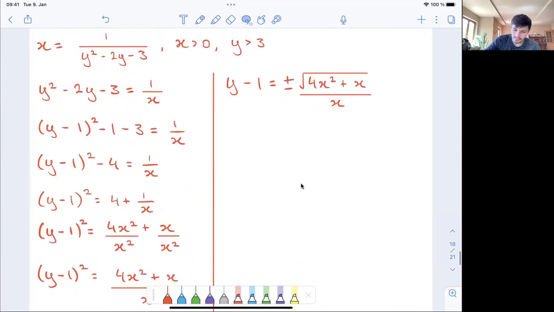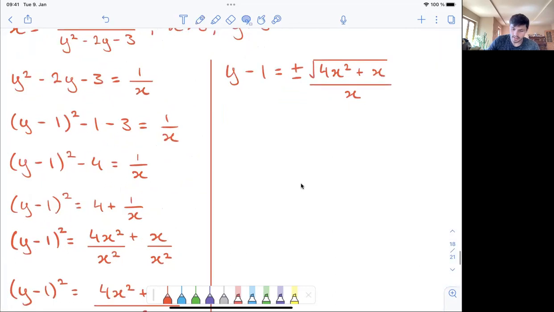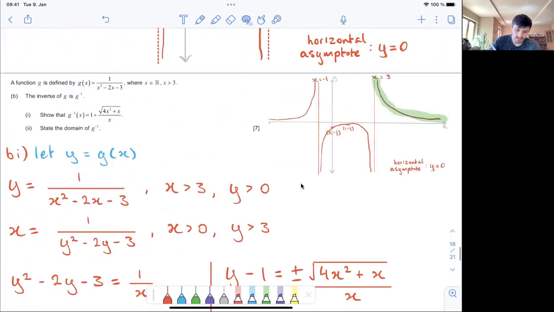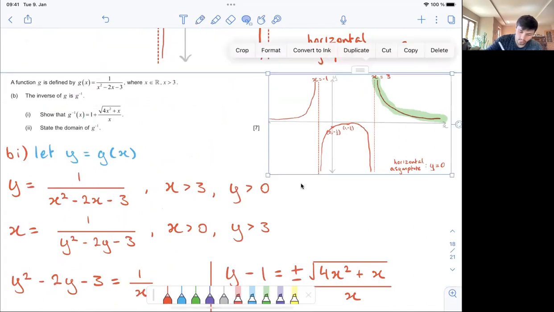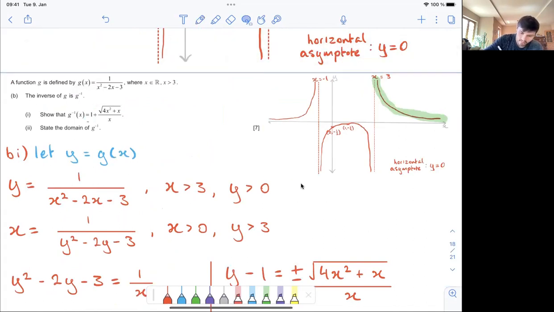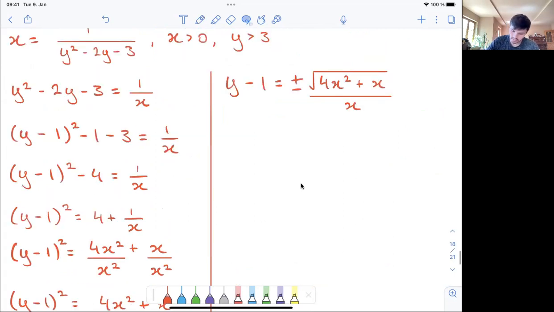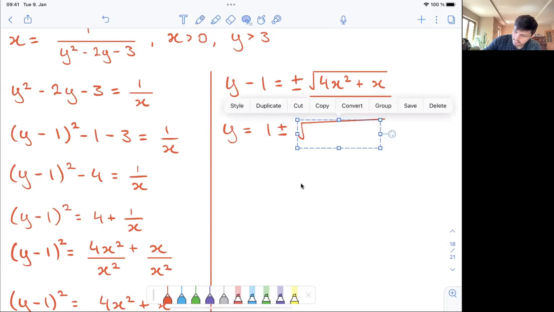Now I'm going to add 1 to both sides, and same idea, I'm going to put the 1 in front, like I did with the 4, so that I get an expression similar to what we have in the question. So we're going to get y is equal to 1 plus and minus the square root, or we can just copy this down.